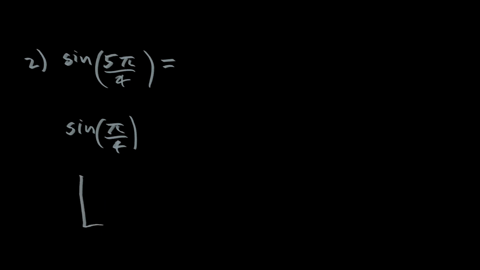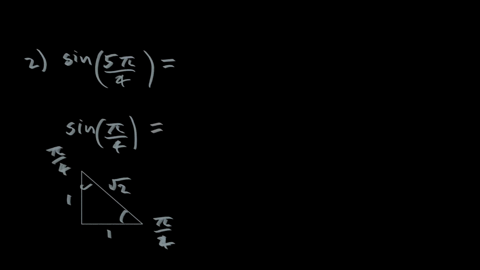We draw the appropriate special triangle that has an angle of π/4. This special triangle actually has two angles of π/4 and two side lengths of length 1, which makes sense. Two angles of the same size would span two side lengths of the same length, and the hypotenuse has a length of the square root of 2. So we can read off the sine of π/4, and that would be opposite over hypotenuse, 1 over the square root of 2.